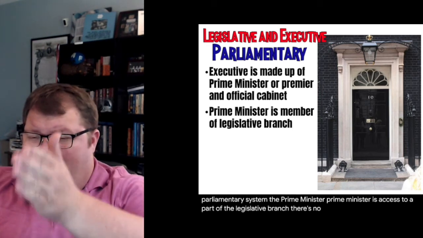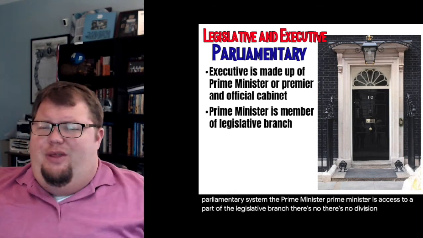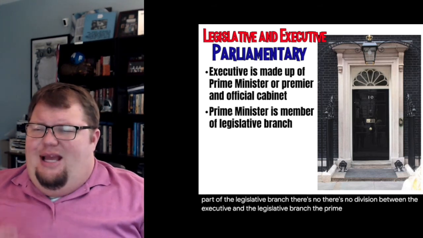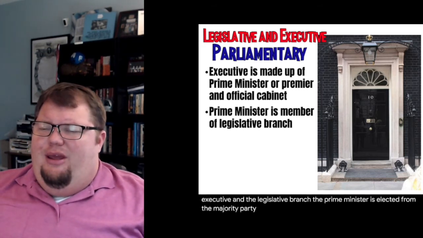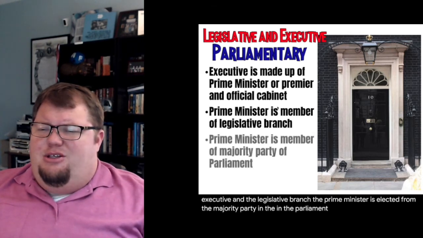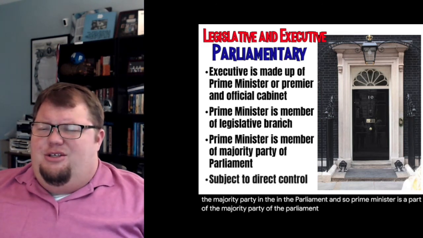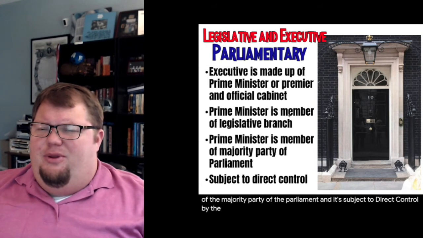There's no division between the executive and the legislative branch. The prime minister is elected from the majority party in the parliament. And so the prime minister is a part of the majority party of the parliament, and is subject to direct control by the parliamentary system.